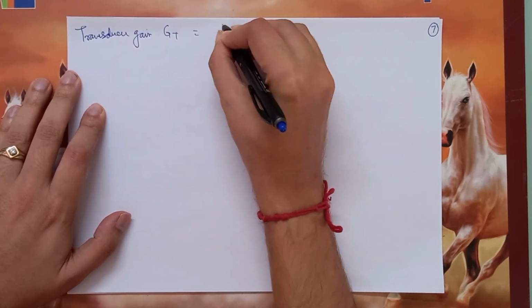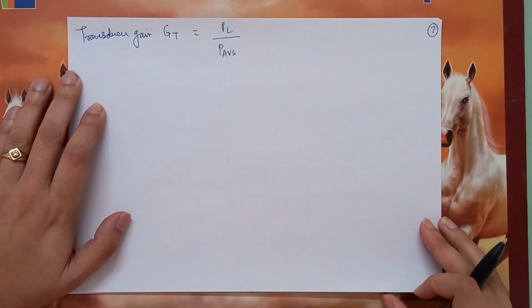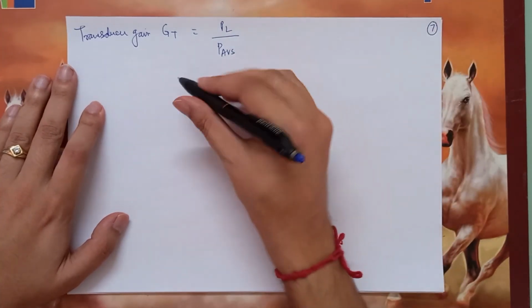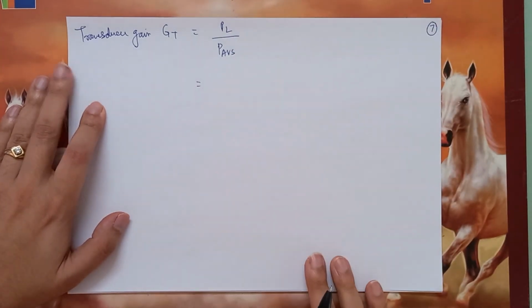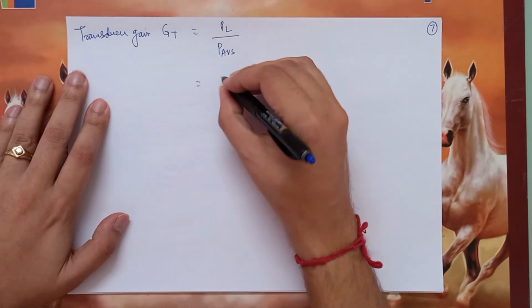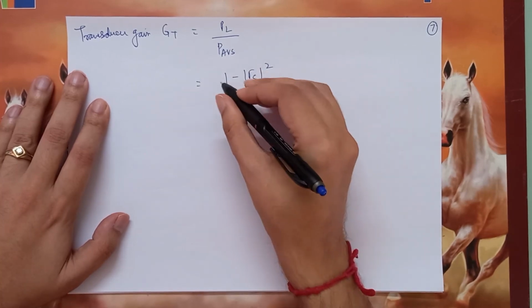As we defined, GT is nothing but the power delivered to the load divided by the maximum power available from the source. We already know how to derive PL, and we have derived PAVS. So it's a no-brainer to solve now, and you will get that GT will now be this expression. You can work it out yourself. I'm leaving this as an exercise.